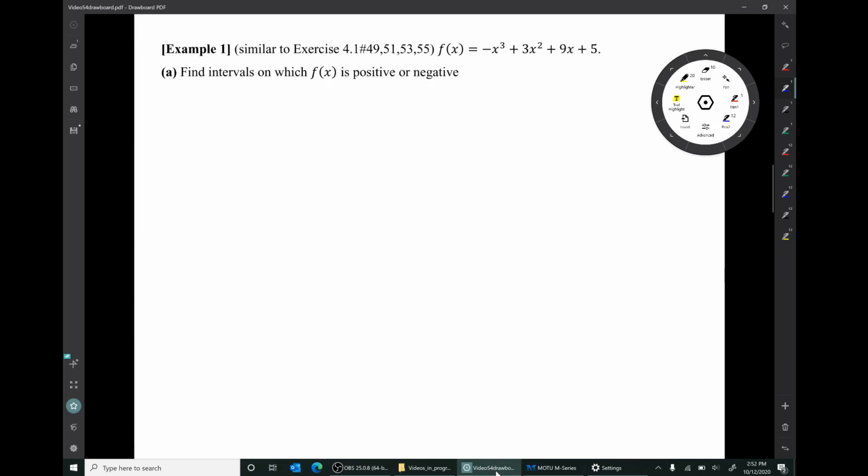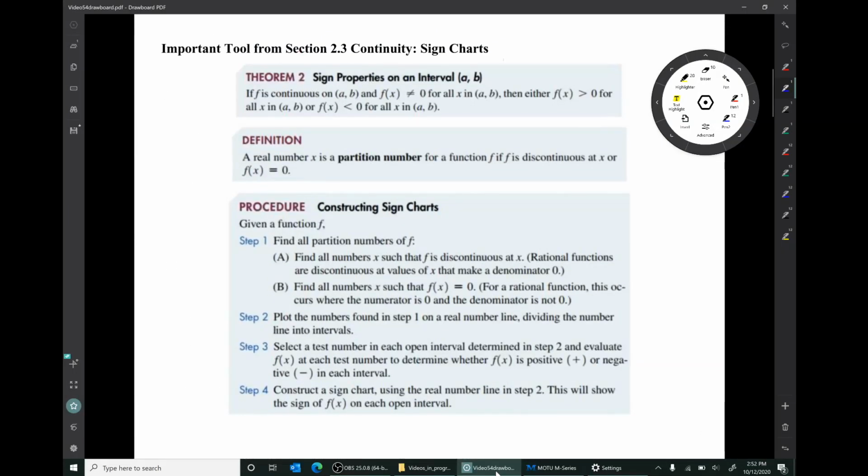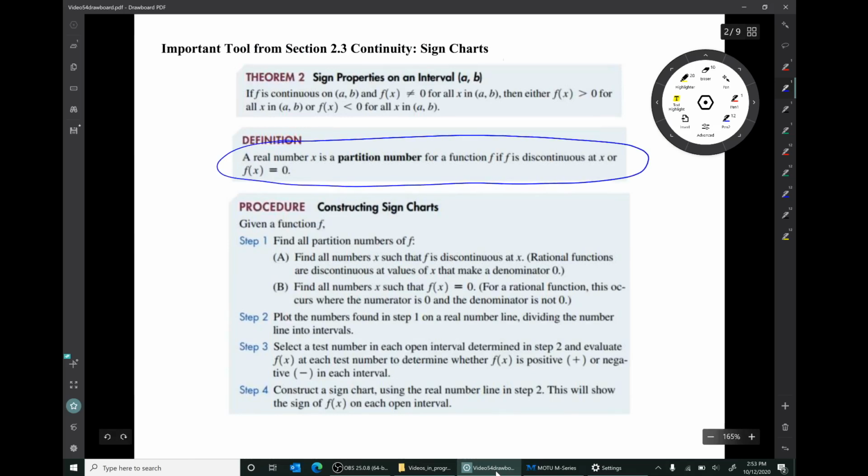Okay, so let's start. Example 1, f of x is this cubic polynomial. Find the intervals on which f of x is positive or negative. Well, let's outline our strategy. Remember what we discussed earlier. The only places where a function can change sign are the partition numbers, the x coordinates that are partition numbers.